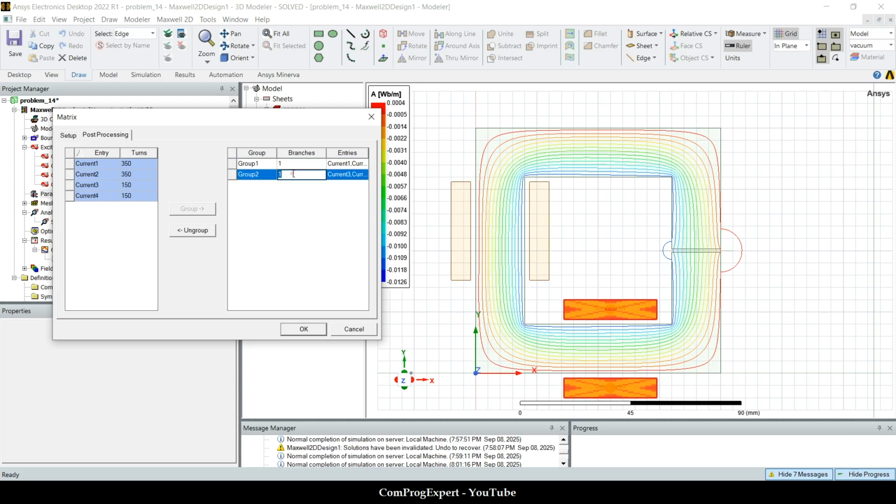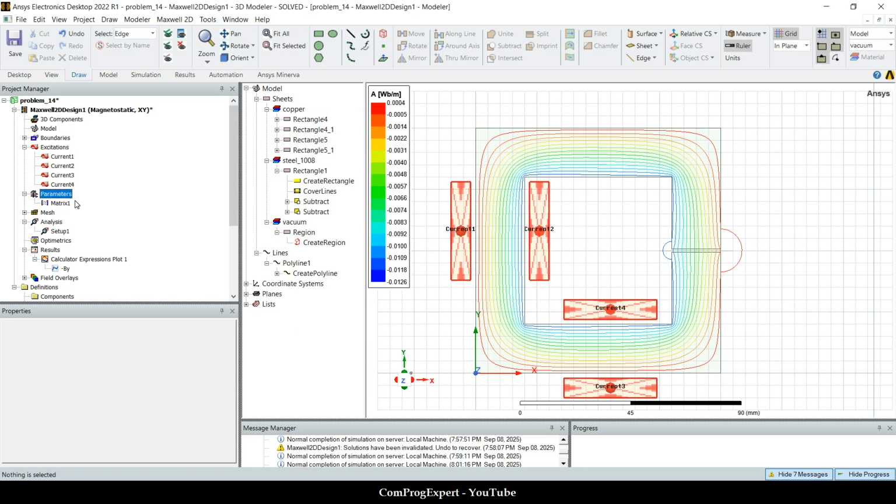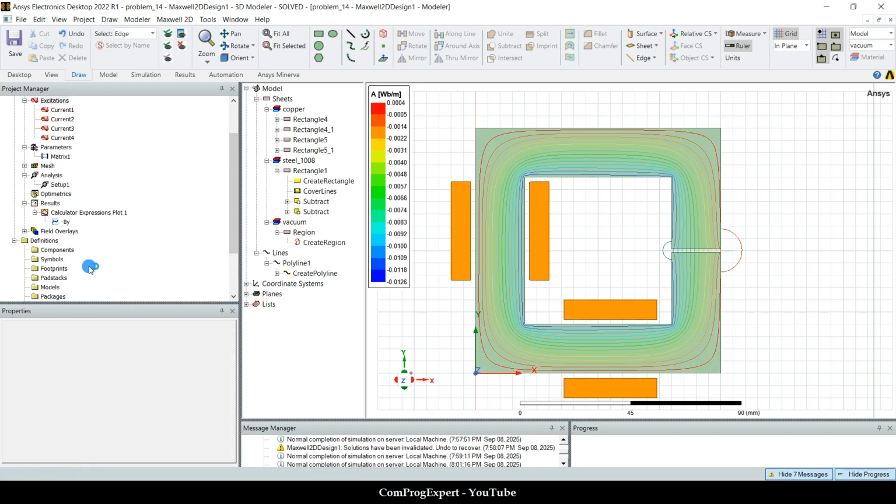The number of parallel branches is 1 for both cases. Now we can calculate the flux linkage and also inductance. If I analyze the problem, we can calculate the inductance of the phase A, B, and mutual inductances.